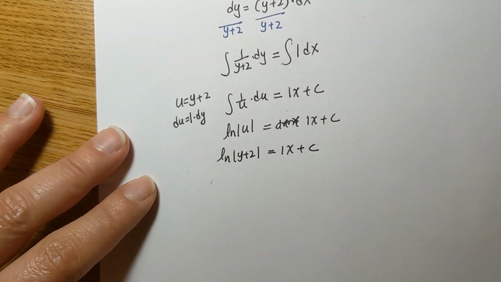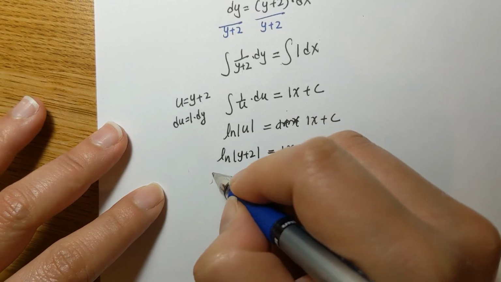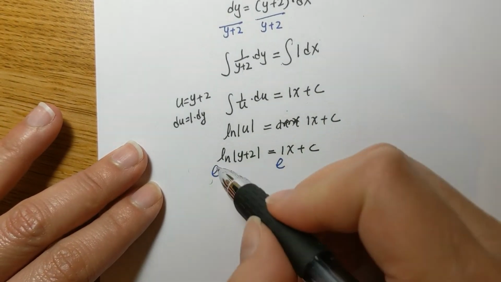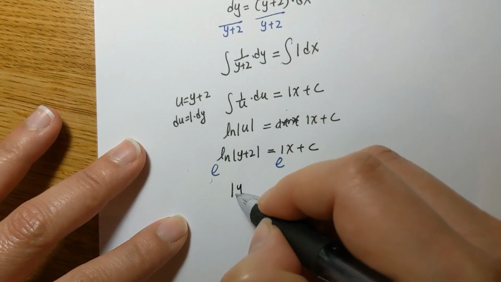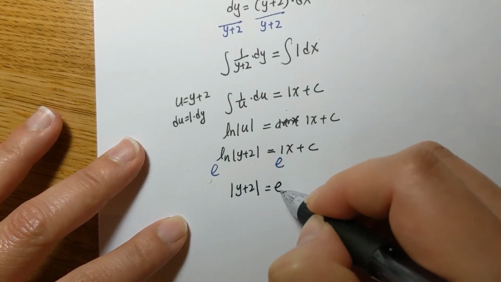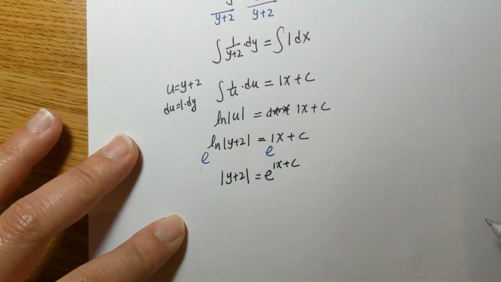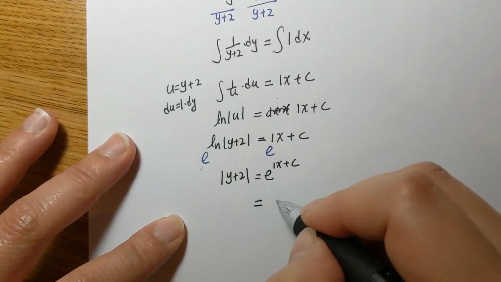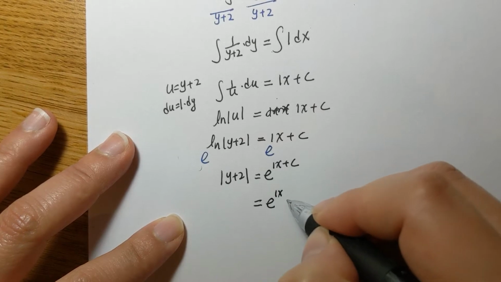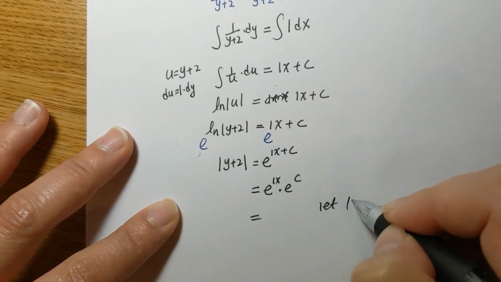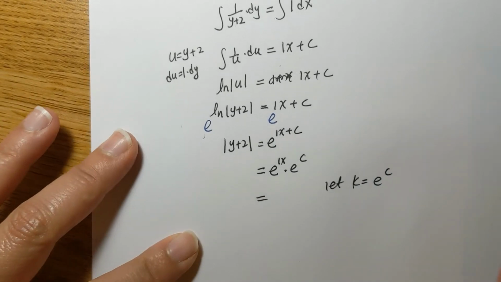So to undo the ln, I had to use base e both sides. So now this cancels out, so I got absolute value y plus 2. So I got e to the 1x plus c. So that means e to the 1x times e to the c. So I'm going to let the k equal to e to the c.